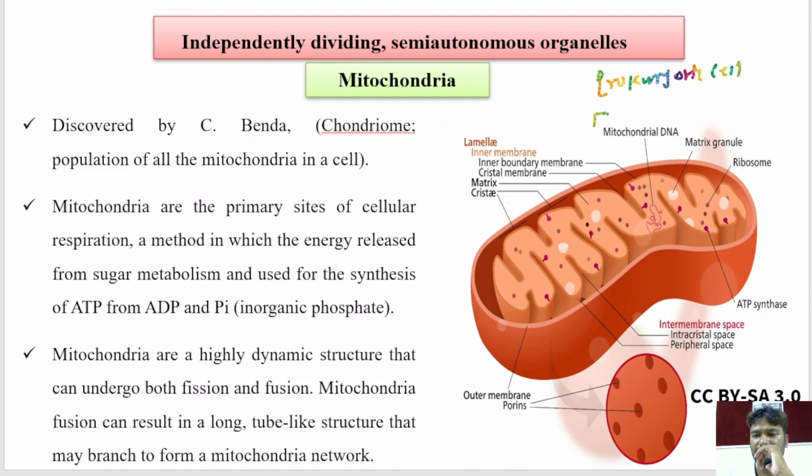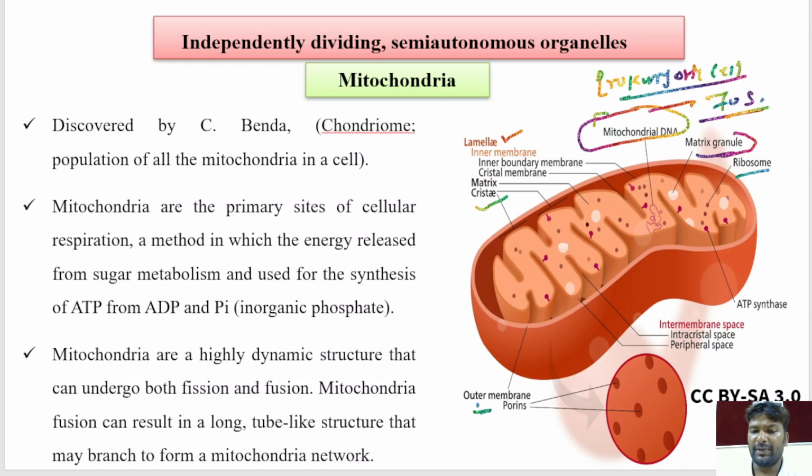They have mitochondrial DNA, that is bacterial type, and 70S ribosomes. They have matrix granules, cristae, which are infolding of the inner membrane, the outer membrane which has porins, the perimitochondrial space, and the complex of ATP synthase. So this is the basic structure of mitochondria.